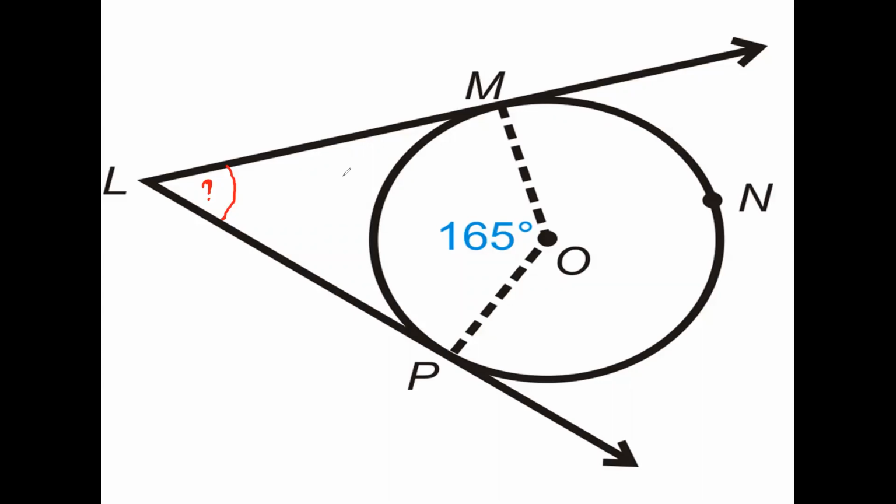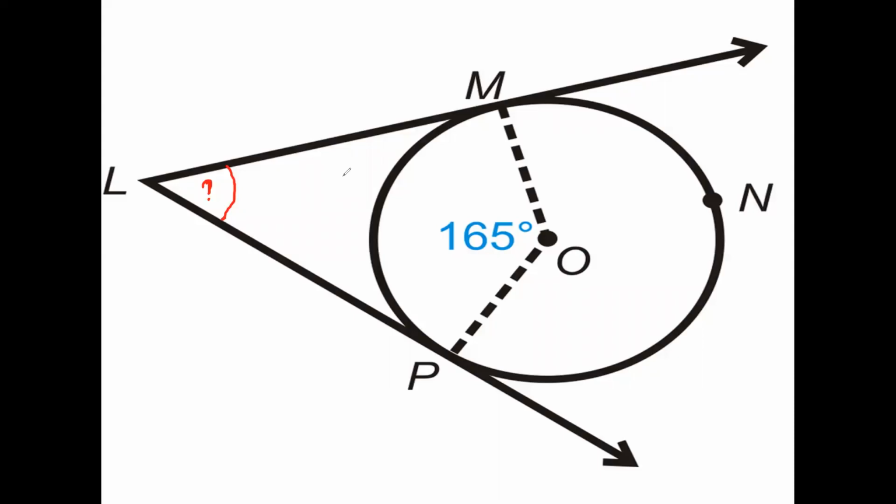Sir, arc MP po. Ano pong measurement ni arc MP? 165 degrees po. Bakit po? Kasi po, pag central angle, yung value po ng arc niya is equal lang sa size ng central angle po. Correct. Very good.